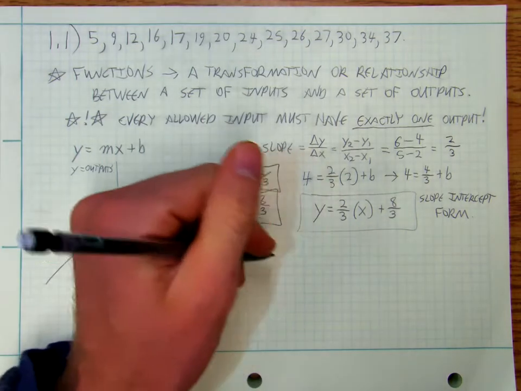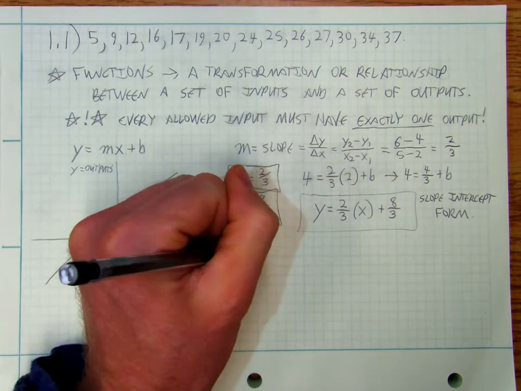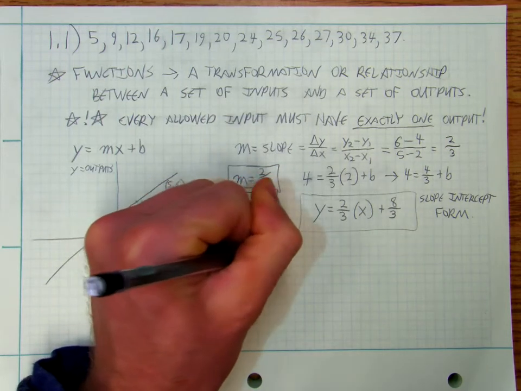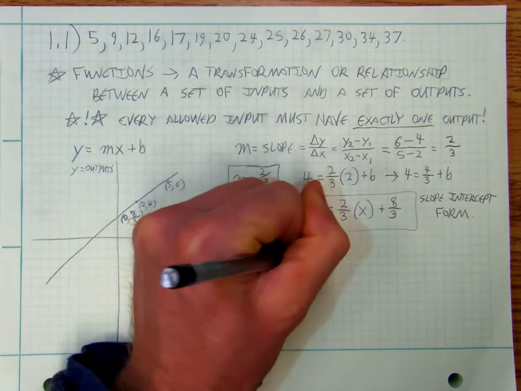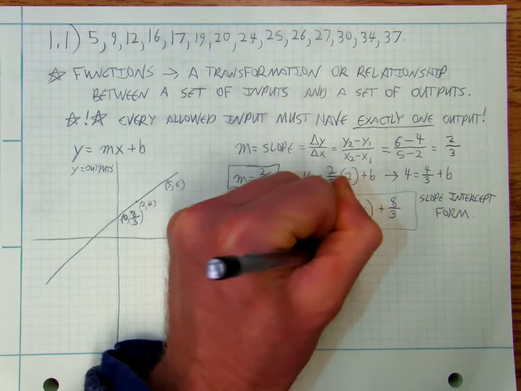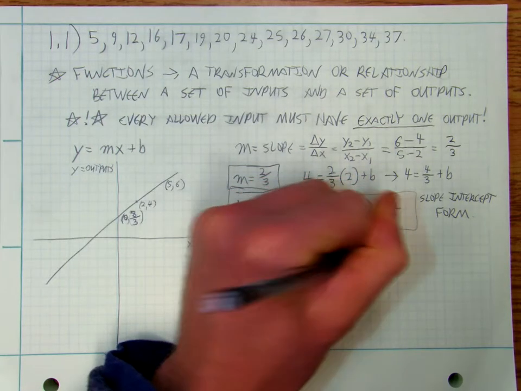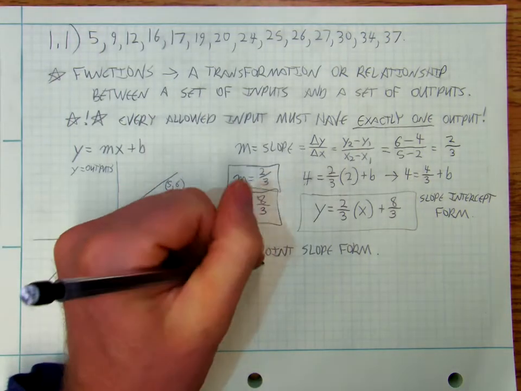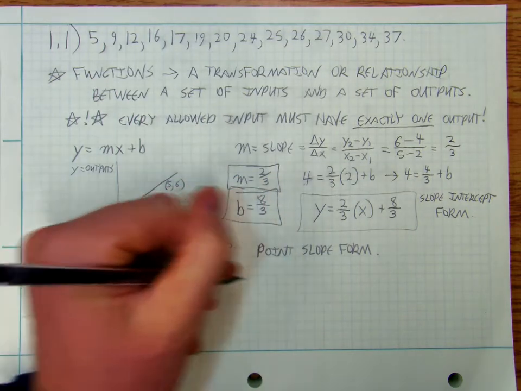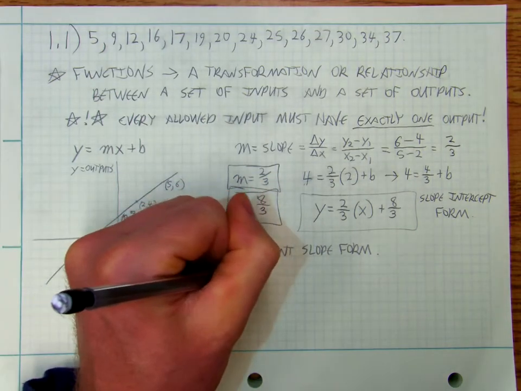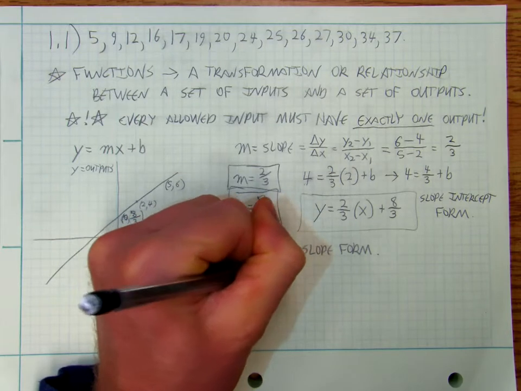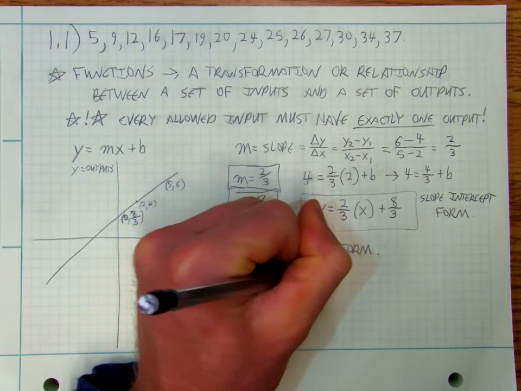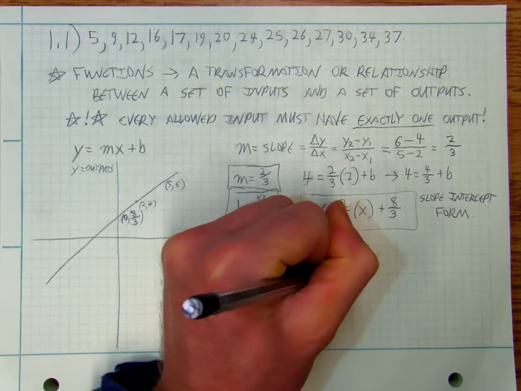But I could also write this in point slope form, and let me just write out the general form. The general form is going to be y minus y1 equals m times x minus x1.